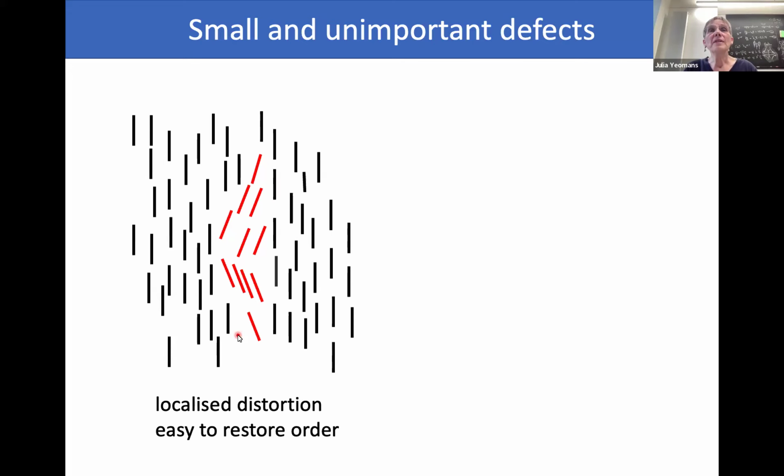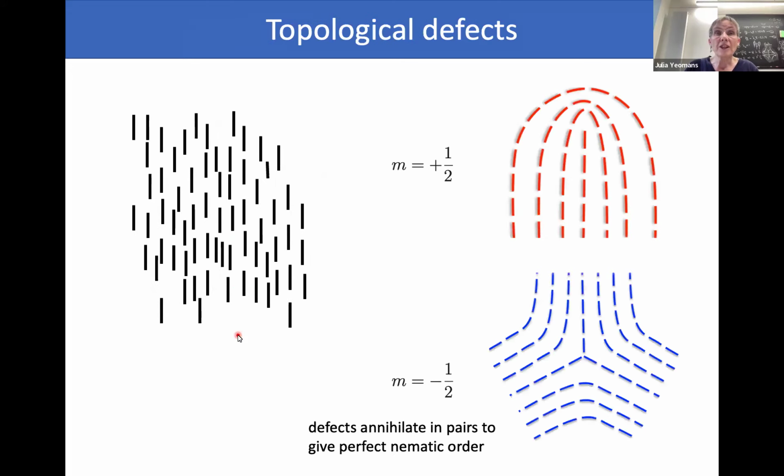However, you can have more important defects, which are called topological defects. And what I've done here is draw a picture of the most important topological defects in 2 dimensions. This one is labeled a +1/2 defect, and its shape looks like a comet.